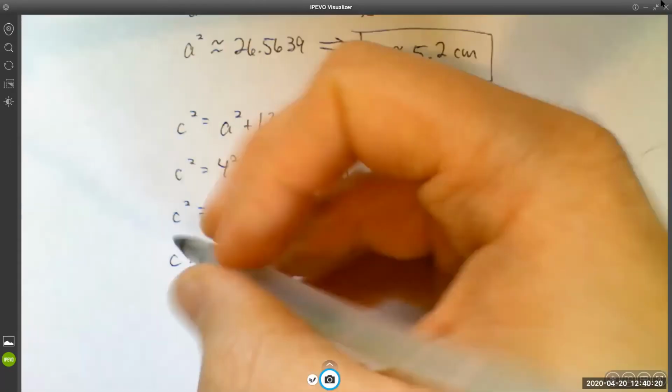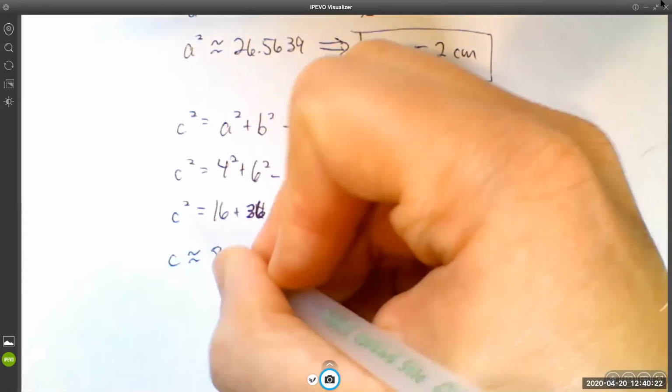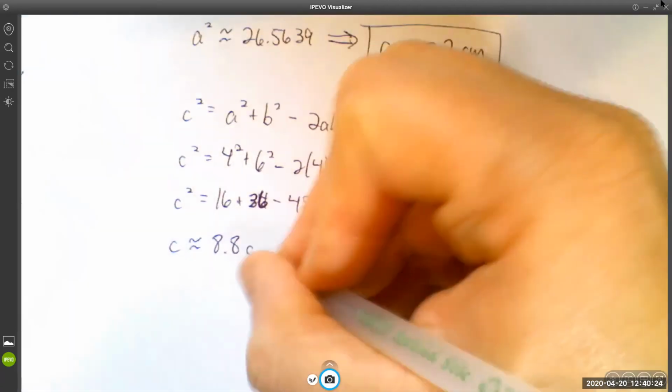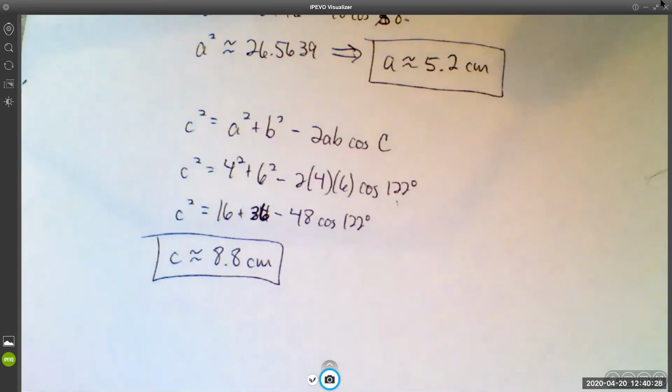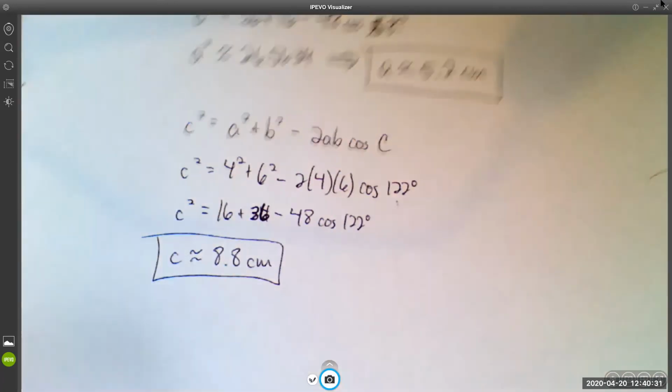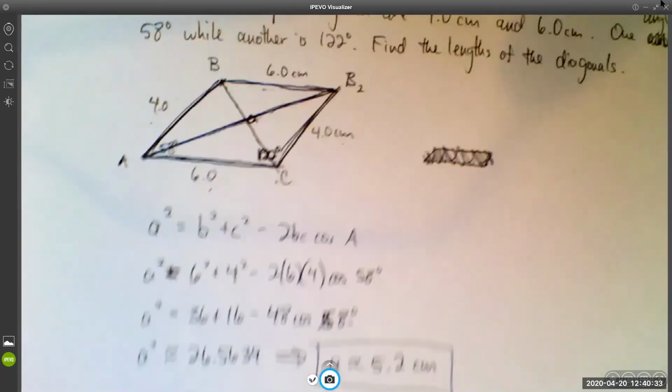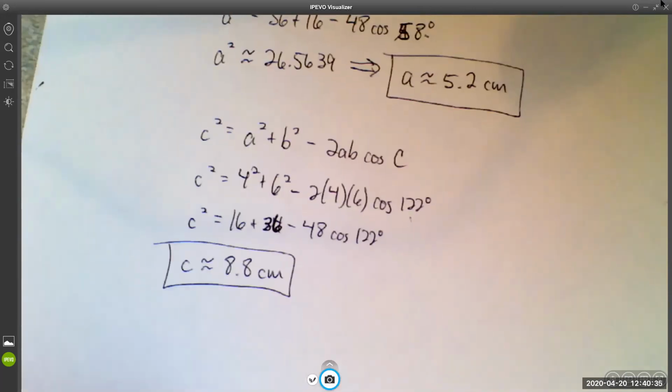And that comes out to about 8.8 centimeters. Okay, and there we go. So that's that one. I think once you draw a picture and kind of get going, it's not too terrible. That'll do it. That's all I want to talk about in this section.